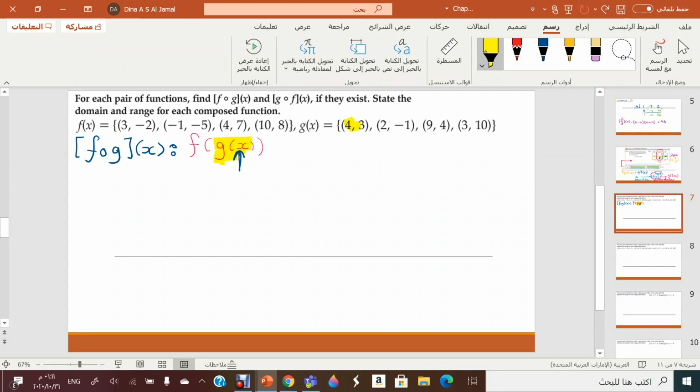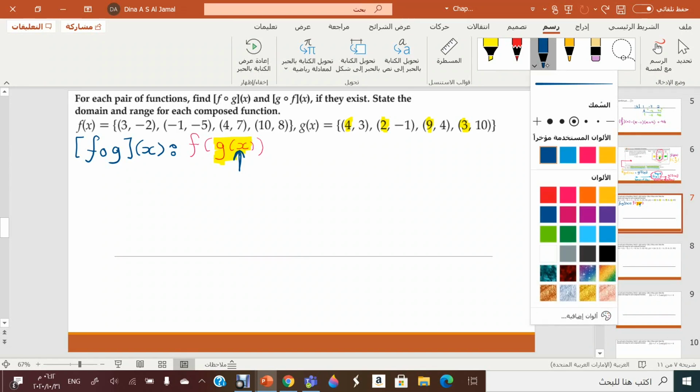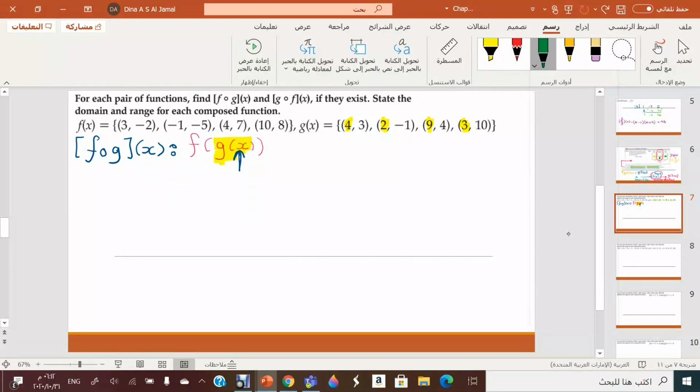So just pay attention to this: 4, 2, 9 and 3. So it's like you are taking first whatever is inside until you go outside, step by step. So first of all, let me put it as it is. f of g, what was the first x here? It was 4.